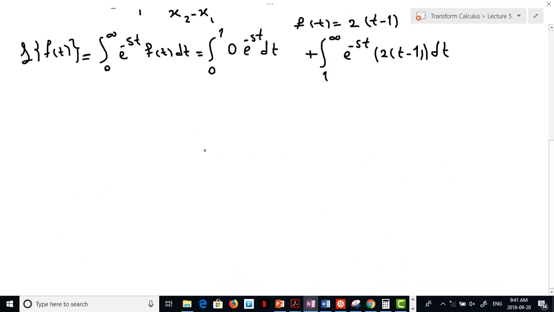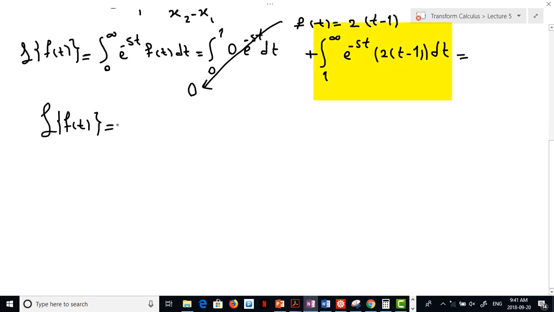So 0 times e to the power of minus st is 0. As a result, this integral is equal to 0. So Laplace transform of f(t) is equal to 2 times the integral from 1 to infinity e to the power of minus st times (t minus 1) dt. So I just put 2 out of integral.